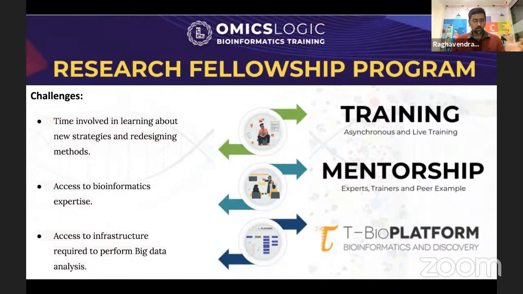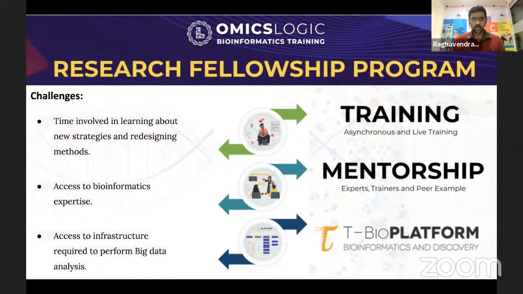But in the end, you are going to use only 1 or 2 methods for your question of interest. So the Cyomics Logic learning platform provides you with very well-planned learning modules and coursework. This coursework will prepare you for any challenges you might face with the data analysis and/or the biological interpretation of your data analysis and your research question.